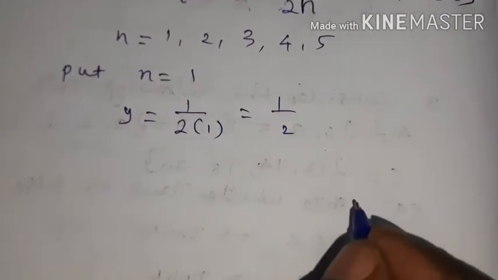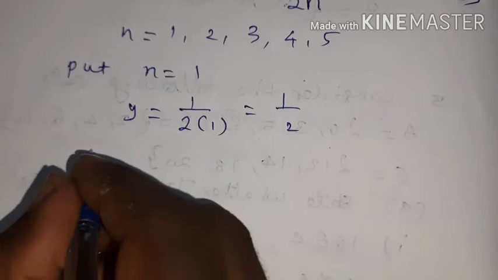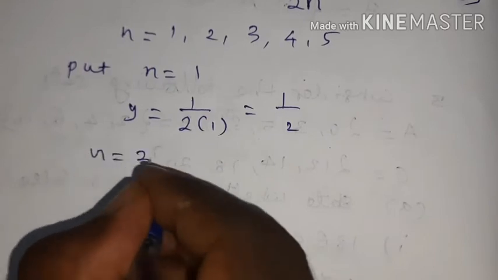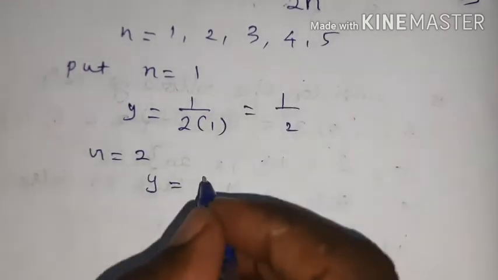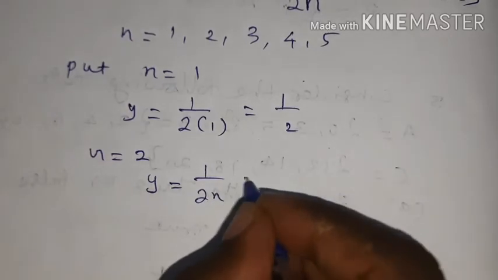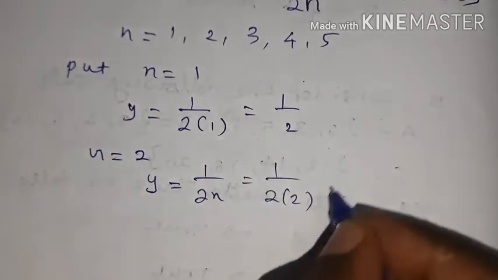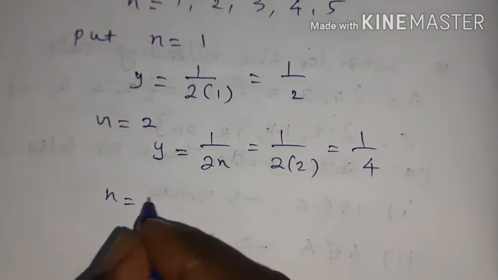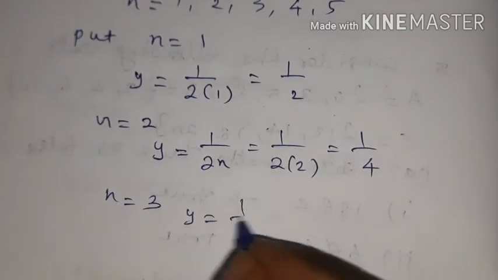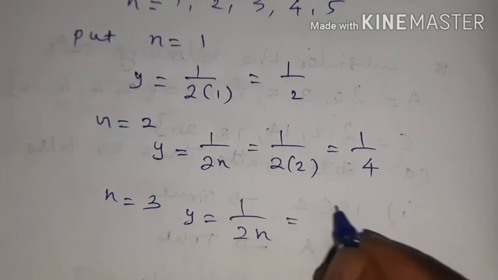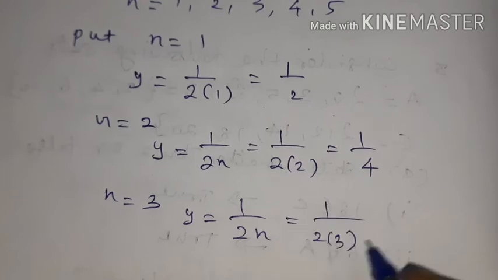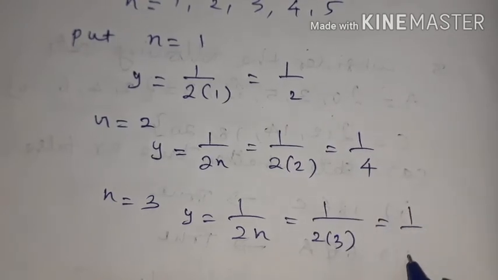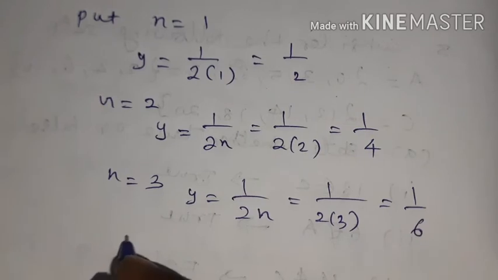Then second, put n equal to 2, y is equal to 1 divided by 2n is equal to 1 divided by 2 into 2 is equal to 1 divided by 4. Put n equal to 3, y is equal to 1 divided by 2 into 3, 1 divided by 6.